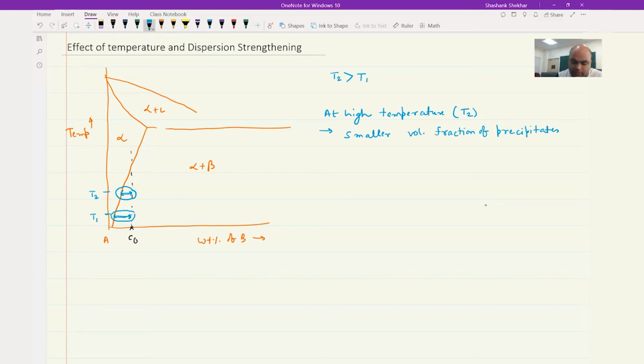So at lower temperature, T1, you have a higher volume fraction of precipitates.